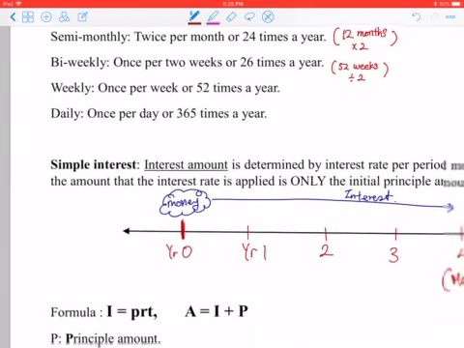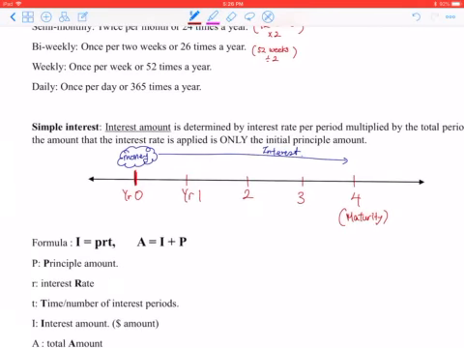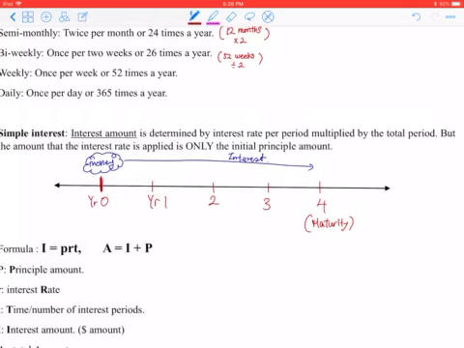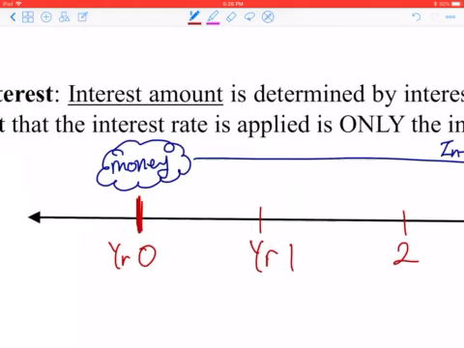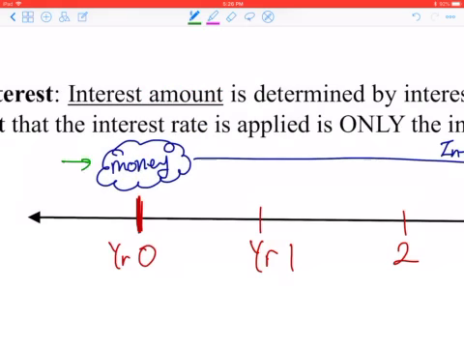So the first thing that we're going to take a look at is simple interest. Simple interest is not really used in real life. There's a reason for it, and you're going to figure that out soon. Simple interest means the interest amount is determined by the interest rate per period multiplied by the total periods. Whatever money you initially put in, if it is a simple interest calculation, all the interest will be calculated based on that initial amount.